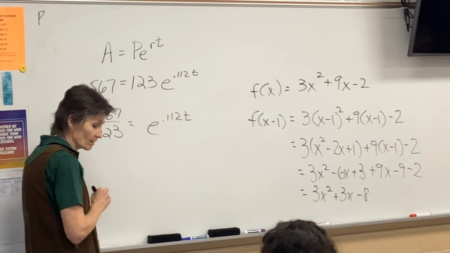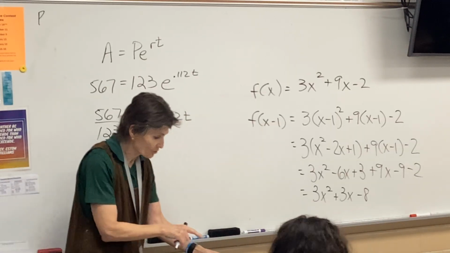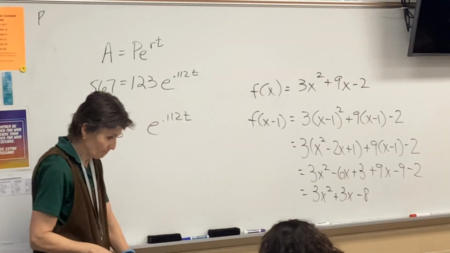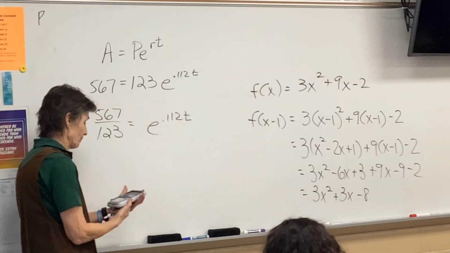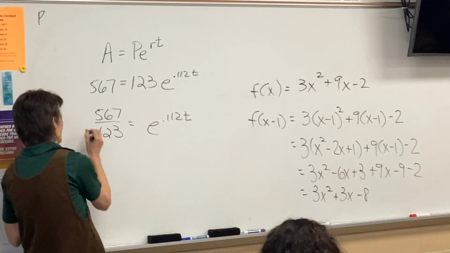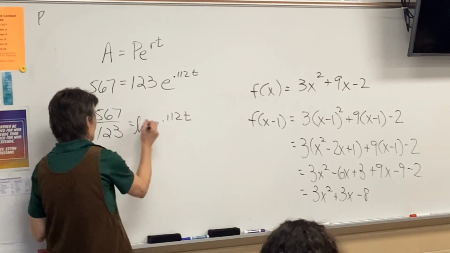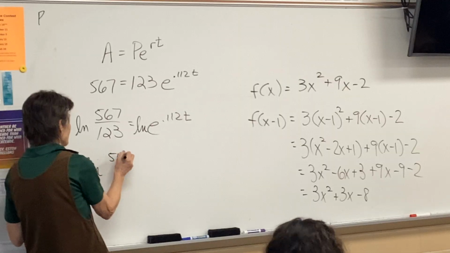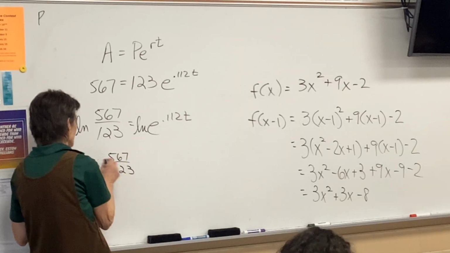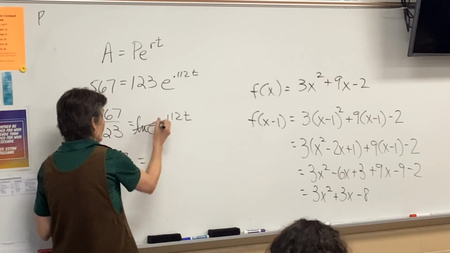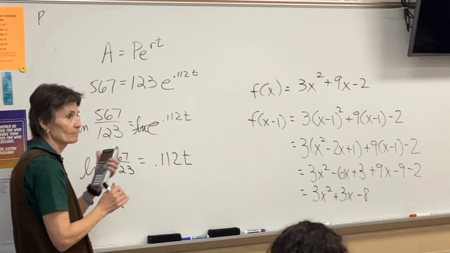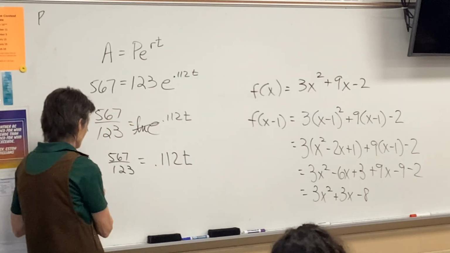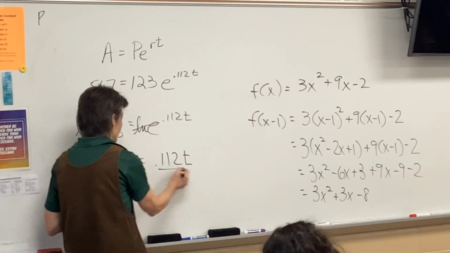This is definitely a calculator problem. That's right, it has a little star next to it. Then what? ln divide. So ln 567 over 123 is going to equal 0.112t. And then we'll divide by 0.112.